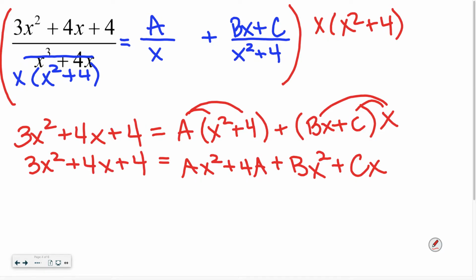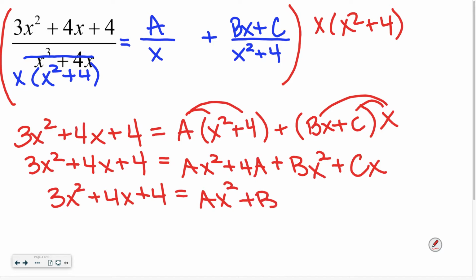Just for organizational purposes, so that you can see this a little bit more clearly, I am going to reorganize this. I'm going to write this as ax squared plus bx squared plus cx plus 4a. I'm going to put those terms in the same order they would need to appear in a quadratic. All of my x squared terms are first, then my x terms, then my constant terms.